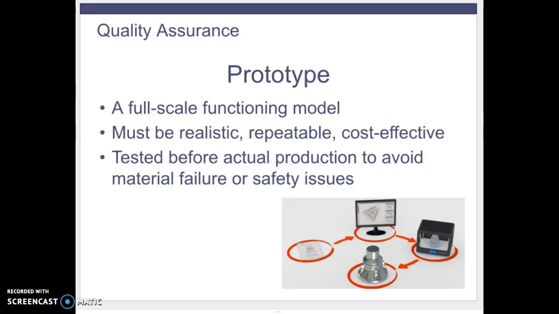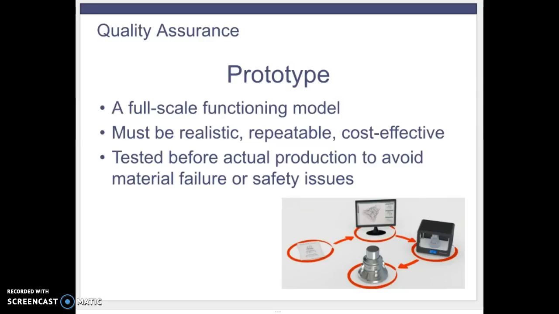Let's talk about prototypes. Prototypes are awesome products that are full-scale functioning models. So they are the opportunity for you to be realistic, try to repeat it, and see if you can be cost effective. The important thing for a prototype is once it's designed, there's a process that allows it to be re-engineered. So if you look at the picture in the corner, you can see that the concept is in a drawing.